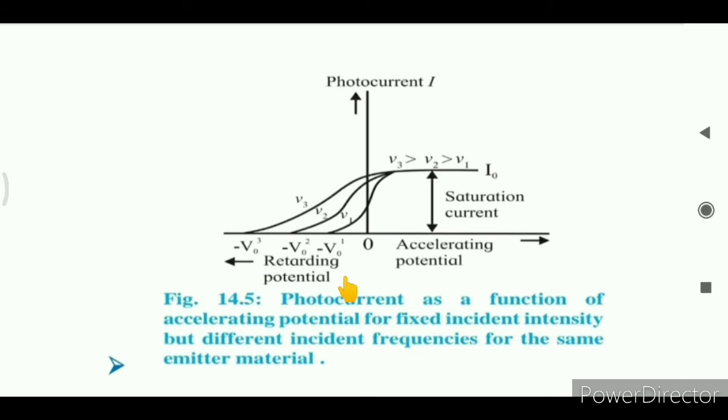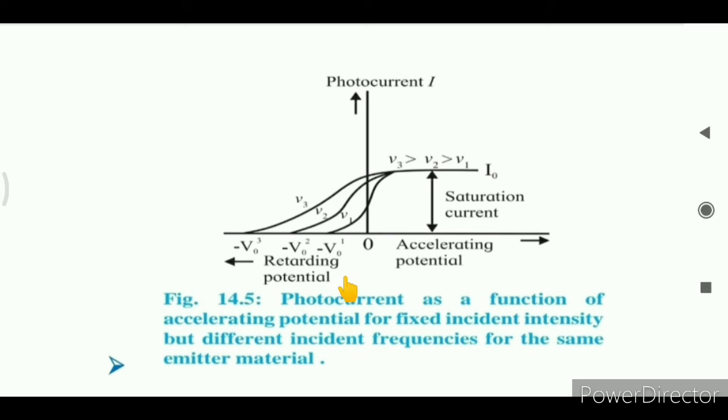The retarding potential is to be given, and for this, initially we had kept the frequency of the incident radiation, which must be greater than the threshold frequency, constant. The intensity of the incident radiation we had also kept constant.